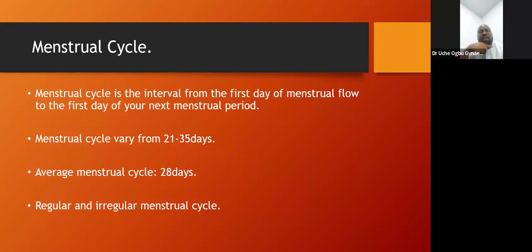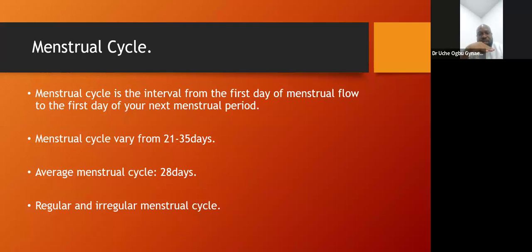The average menstrual cycle varies from 21 days to 35 days. If a menstrual cycle is less than 21, it means it's abnormal. If it is more than 35 days, it's also abnormal. The average menstrual cycle is 28 days.